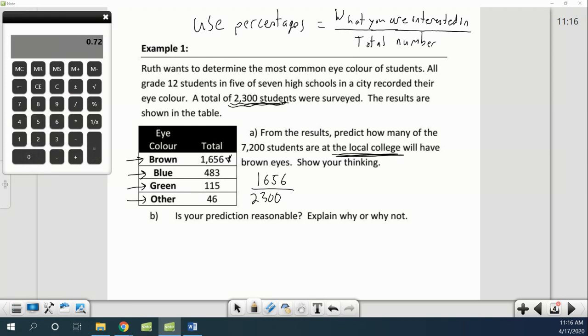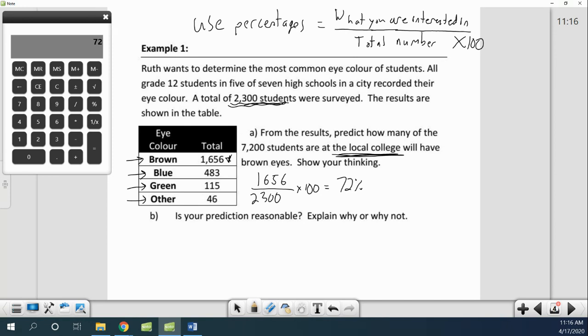Oh, I forgot one step. That formula is always times 100. If you just do the divide, it gives you the number as a decimal. To change decimals into percents, you multiply by 100. There's nothing that'll ever change that. So 72% of our students have brown eyes.